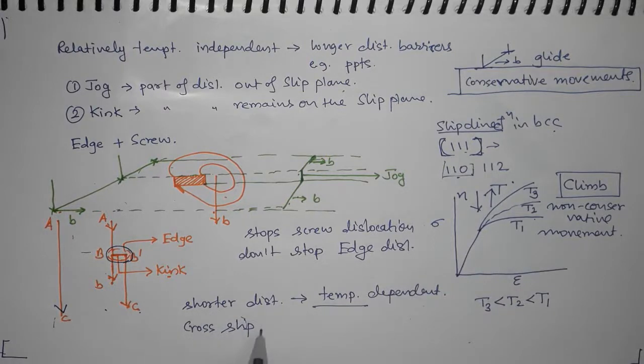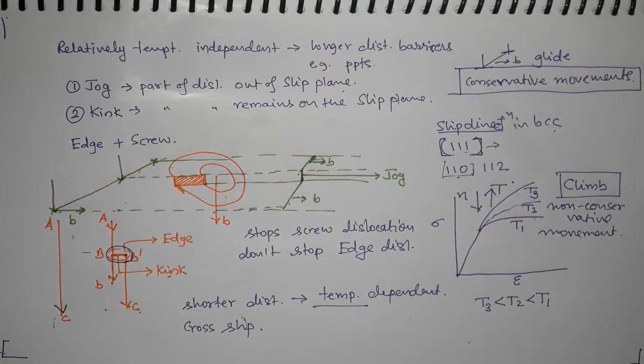Cross slip can happen, and the parts which are sessile can move by non-conservative movement, because vacancies can come in the system and they can enhance climbing of the dislocations. Okay, so that can happen. That is the effect of temperature, and that is the effect of short range barriers and longer distance barriers.